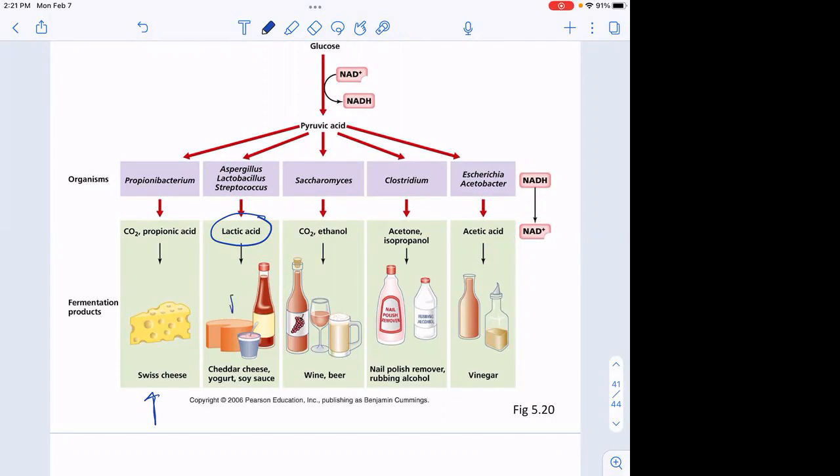That helps us make cheddar cheese, yogurt, soy sauce, of course yeast, all of our alcoholic fermentations, Clostridium acetone, isopropanol, things like nail polish remover. Okay, that actually comes from bacterial fermentation. Acetic acid, of course, is vinegar. So a lot of bacteria make that. So not to memorize those things, just to give you a little appreciation, maybe.